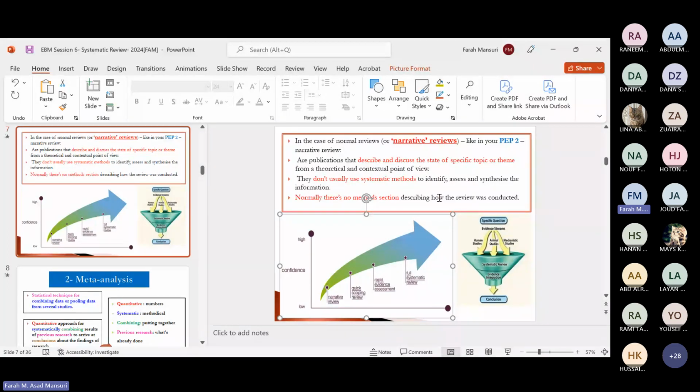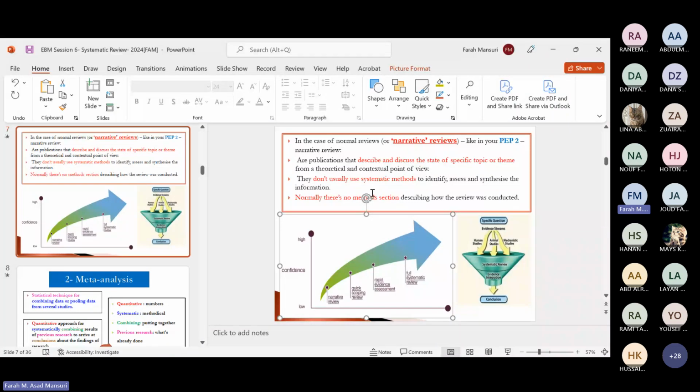So narrative reviews are publications that describe and discuss the state of a specific topic from a theoretical and contextual point of view. They are not carried out through systematic methods to identify, assess, or synthesize the information.